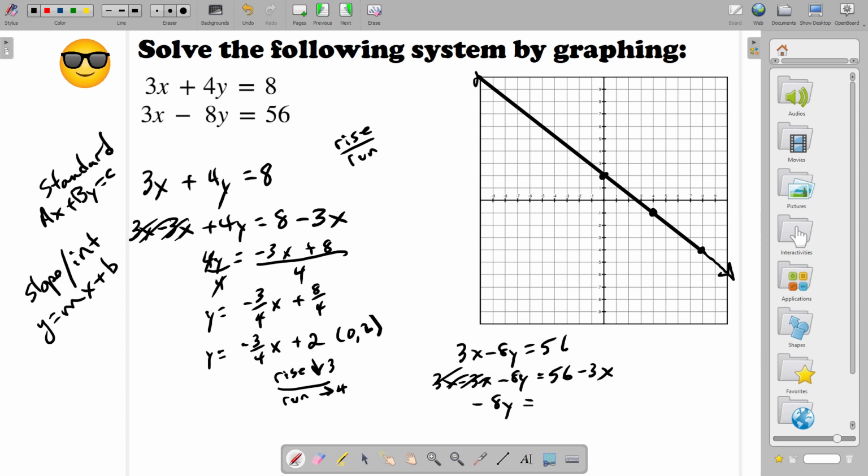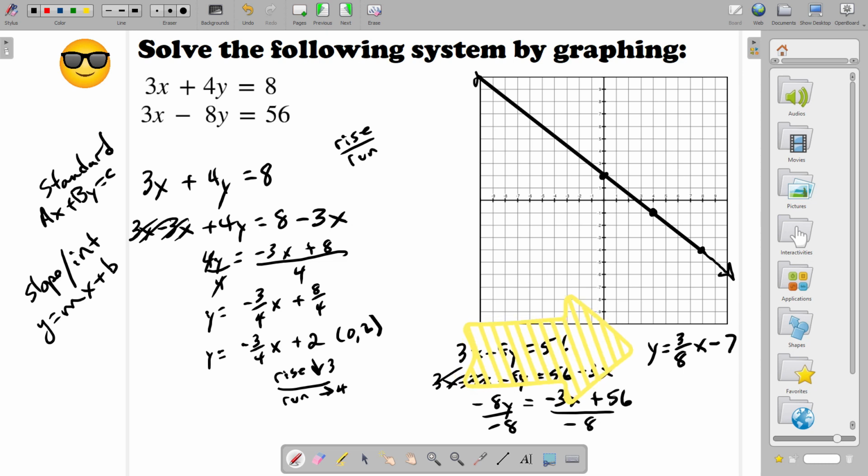I'm going to reverse the order here because we want the x term to be first. Then we divide by negative 8. We get y equals a positive 3/8 x minus 7. 56 over negative 8 is negative 7.